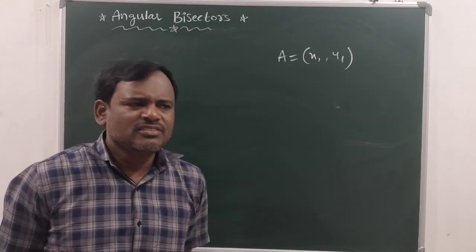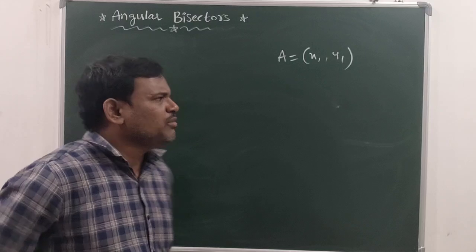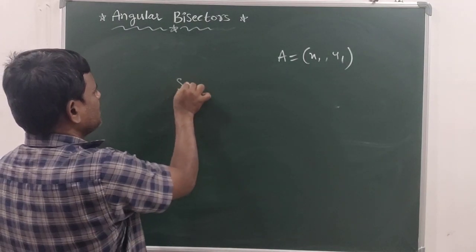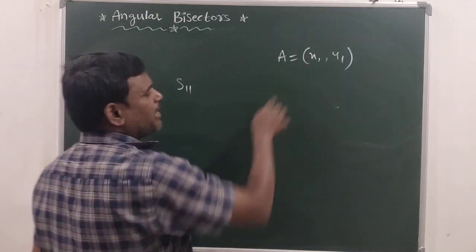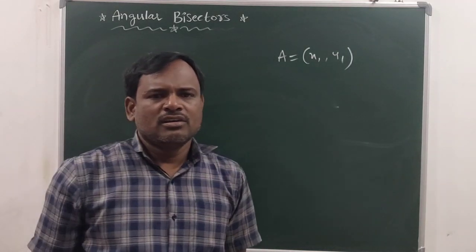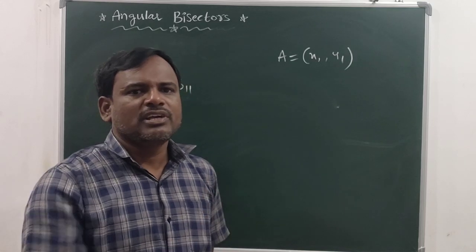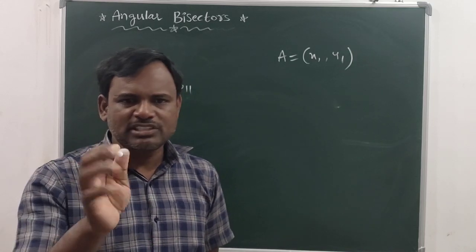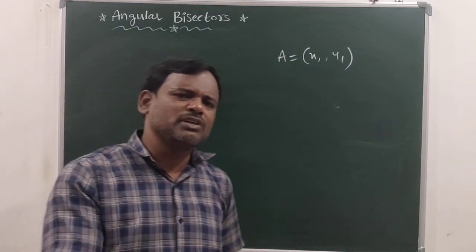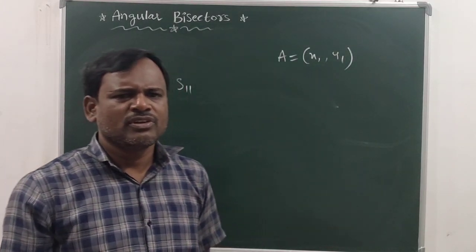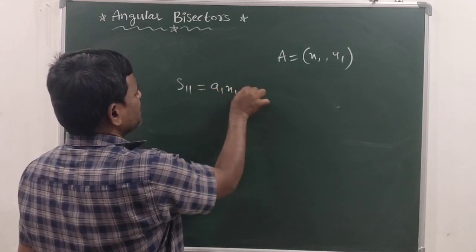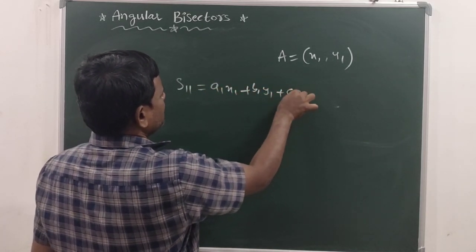Okay, students. First, here you would have to find S11, S22. S11 means this point you directly substitute in the given equation. No need to make c1, c2 positive. That may be positive or negative, however it may be. Just simply prepare S11, which means a1 x1 plus b1 y1 plus c1.